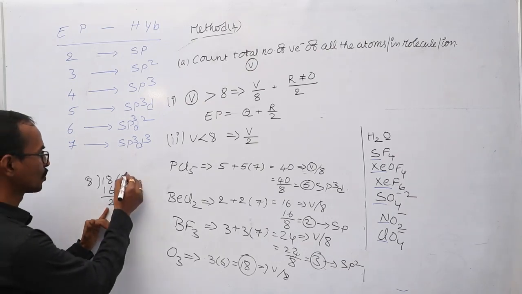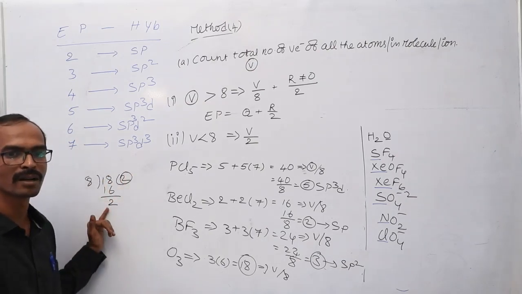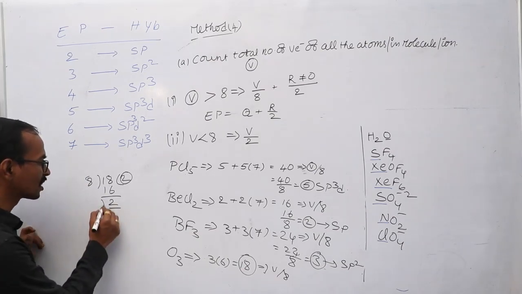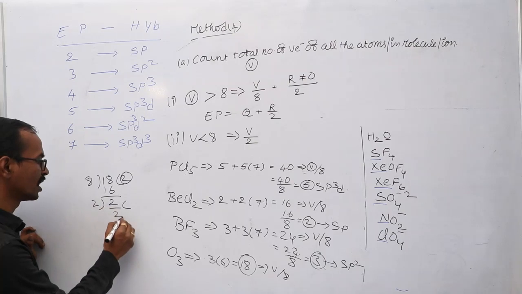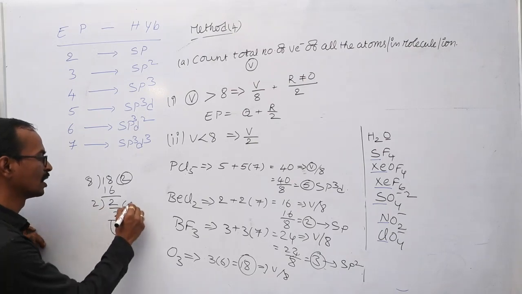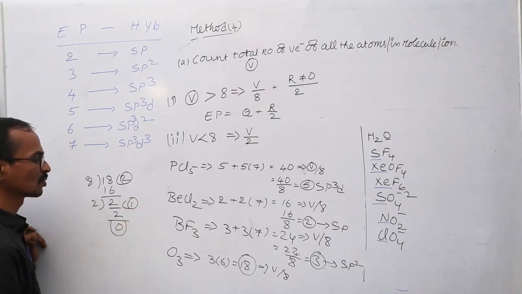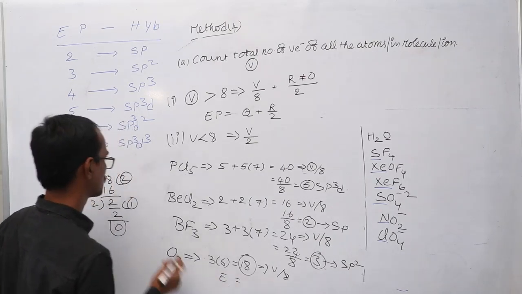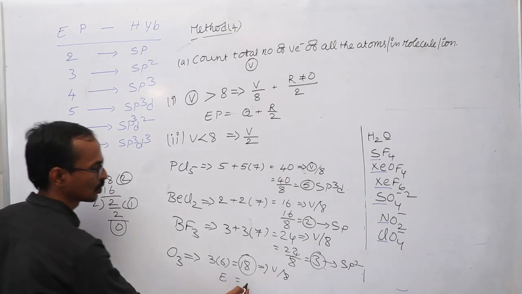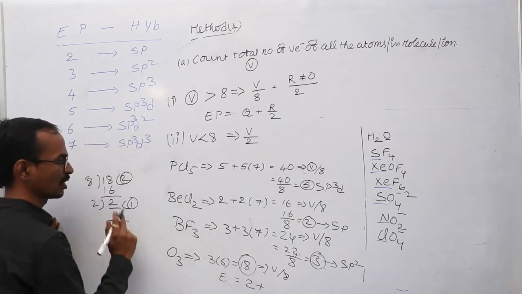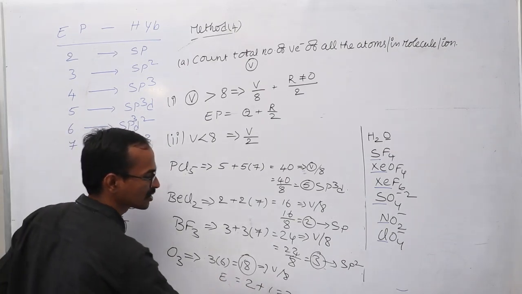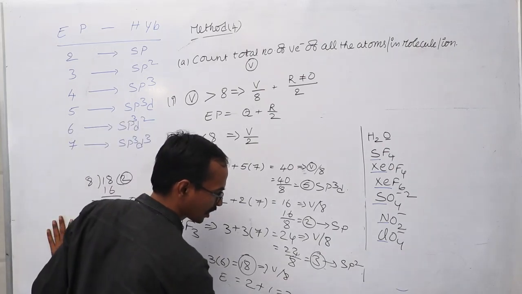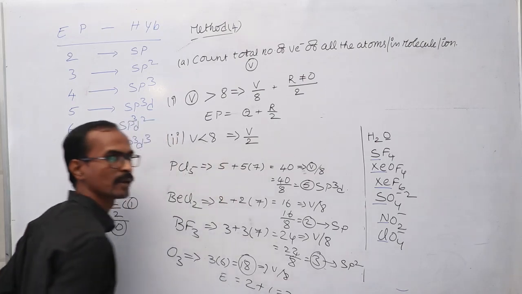Divide this remainder 2 again by 2. Then you will get quotient 1. So the electron pair number is equal to the quotient 2 plus the quotient 1. 2 plus 1, that's equal to 3, and the central atom of the ozone molecule is having sp2 hybridization.